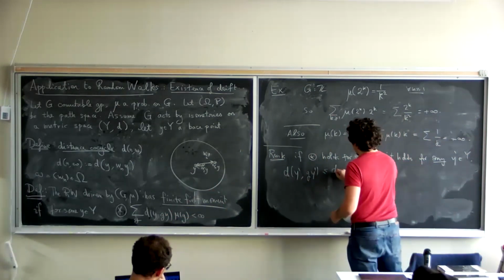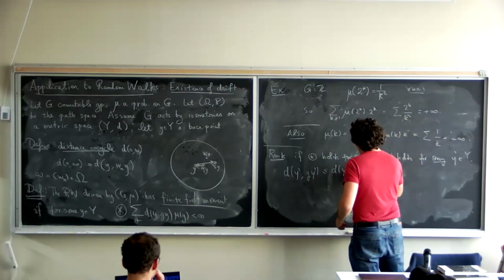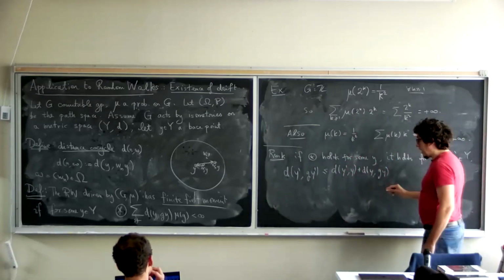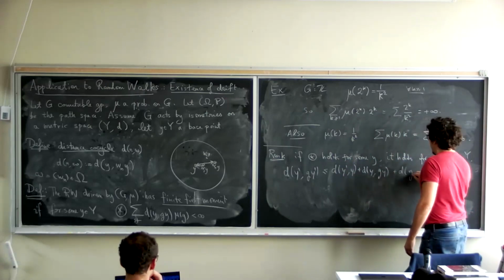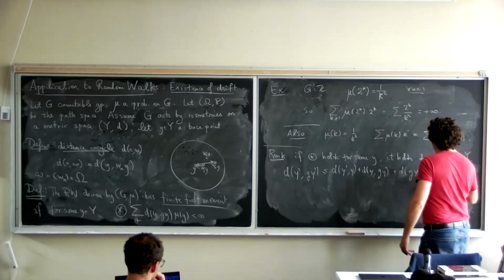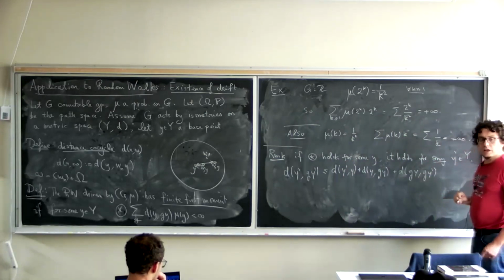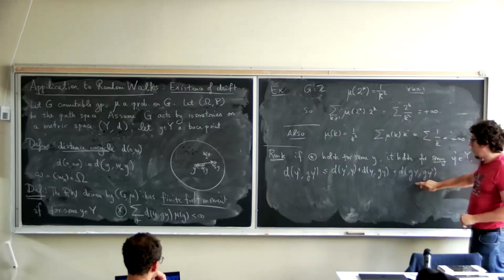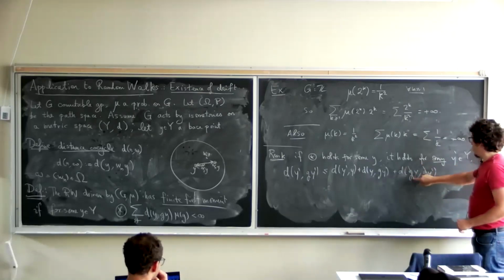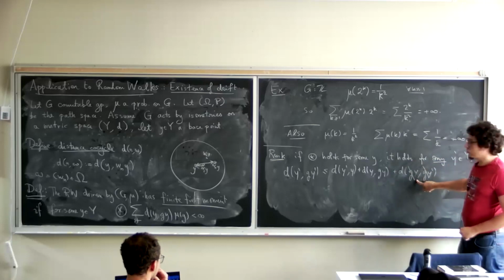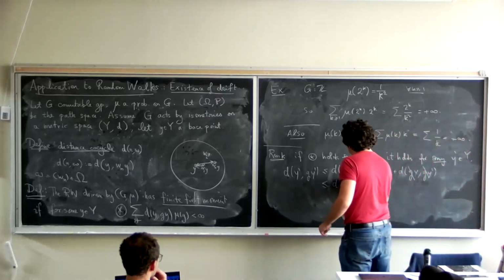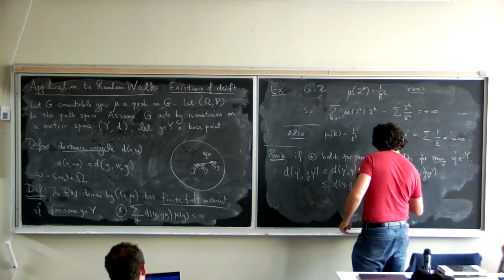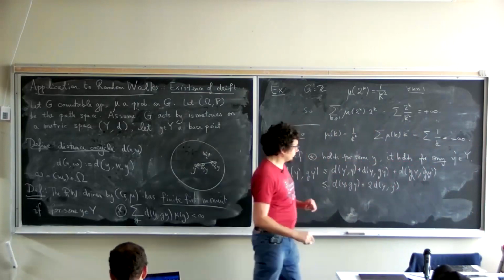So this is at most the distance between y prime and y, plus the distance between y and gy, plus the distance between gy and gy prime. Now we can use the isometry property. You can remove the g because this is an isometry. So this is less than the distance between y and gy plus 2 times the distance between y and y prime.